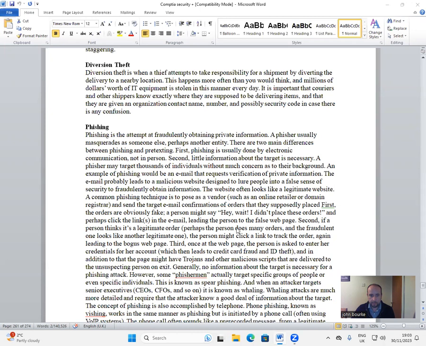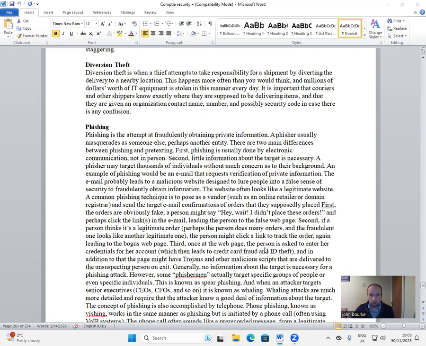Second, if a person thinks it's a legitimate order, perhaps the person does many orders and the fraudulent one looks like any other legitimate one. The person might click on the link to track the order, again leading to a bogus web page.